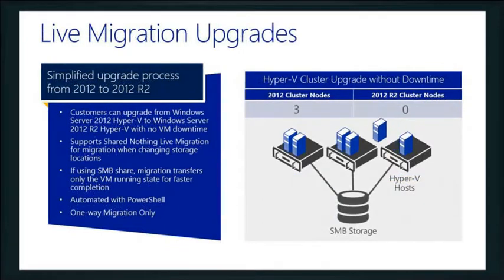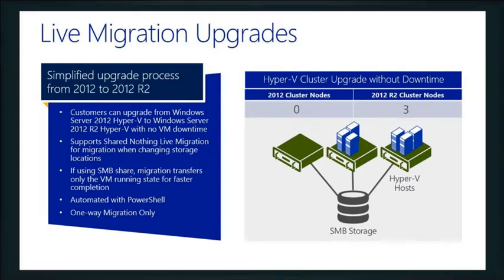Now, for upgrades, this was something that Microsoft promised back when some of you in the 2008 days may have felt that pain, where you're trying to get to 2008 R2, or you're trying to upgrade, and the ability to live migrate from one OS or one release to another just wasn't allowed.